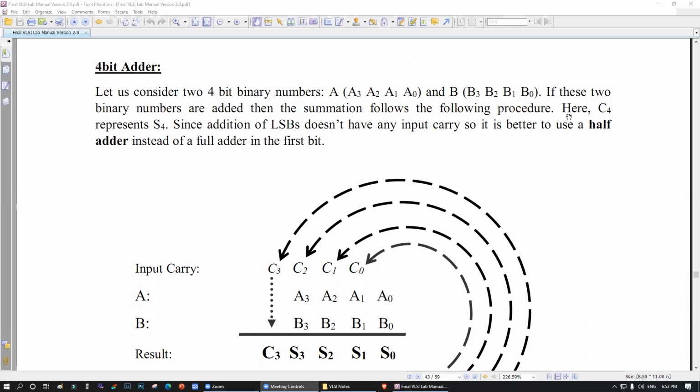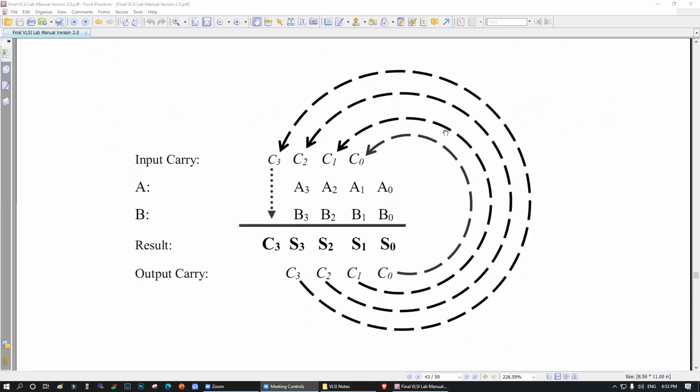So remember, look at this. One number is A, that is A3, A2, A1, A0. Another number is B, that is B3, B2, B1, and B0. When you add them, at the beginning of your addition you do not have anything in your hand. No carry.